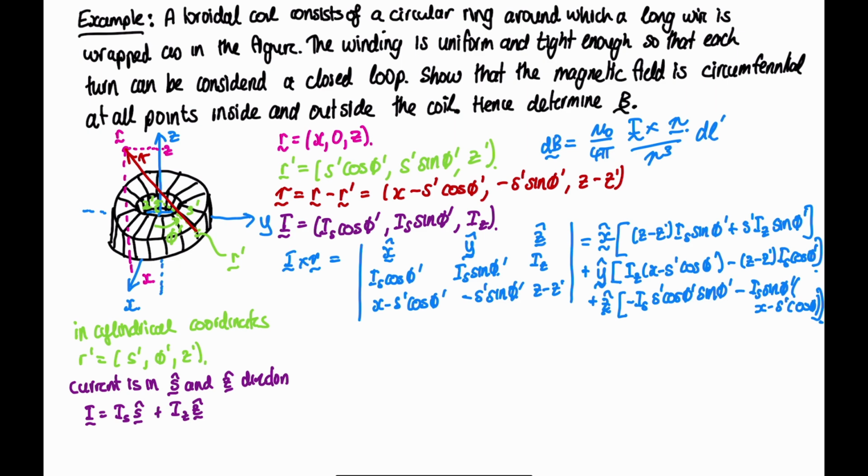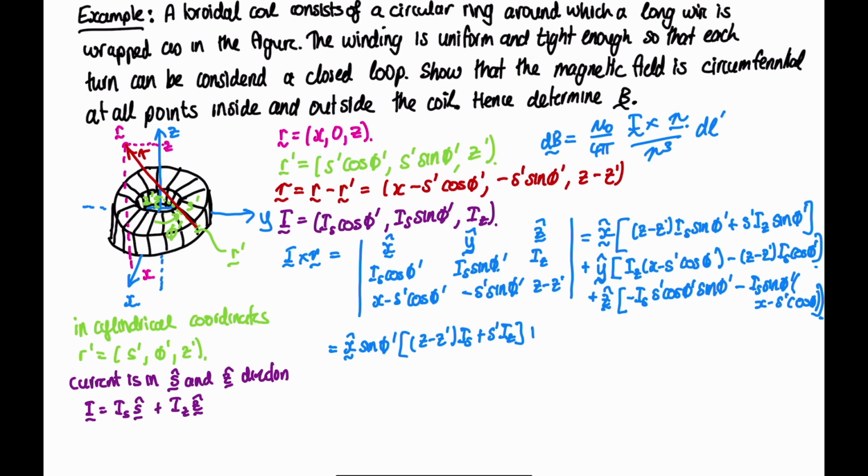So in order to see how we can exploit the symmetry, what I'm going to do is write this x term as sine phi prime times whatever's left, but you can see that there's a sine phi prime in every term here. So we can write this as I_S times z minus z prime plus s prime I_Z.